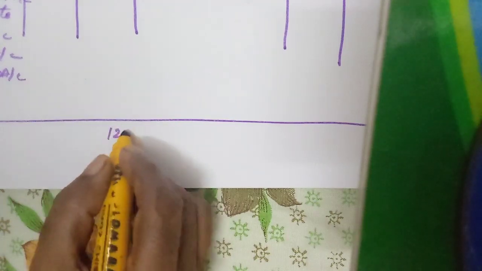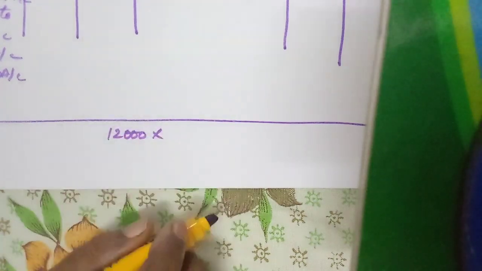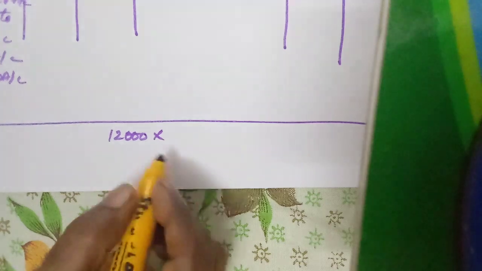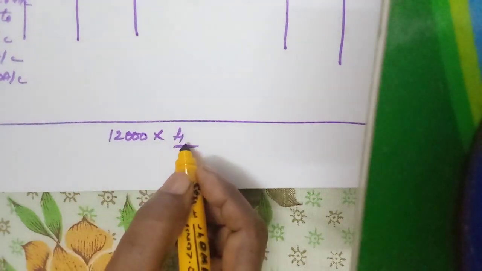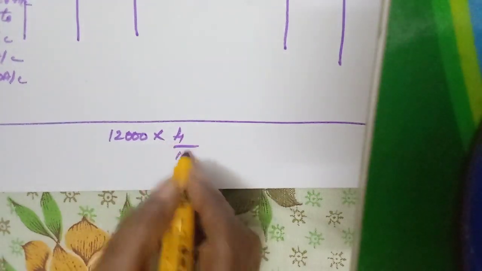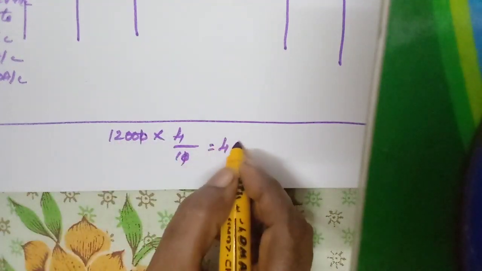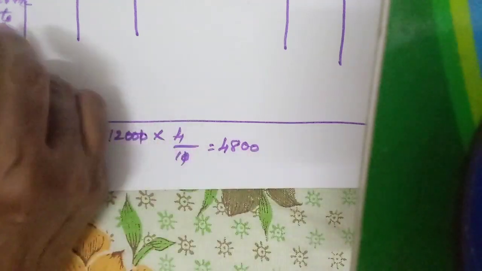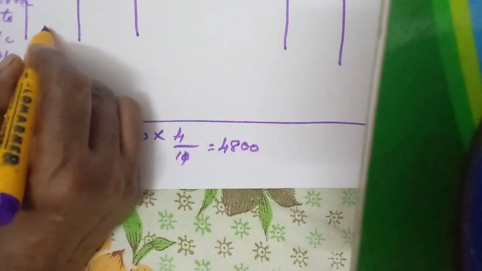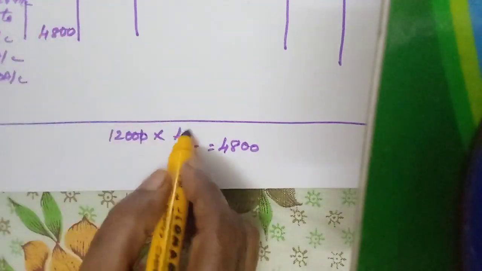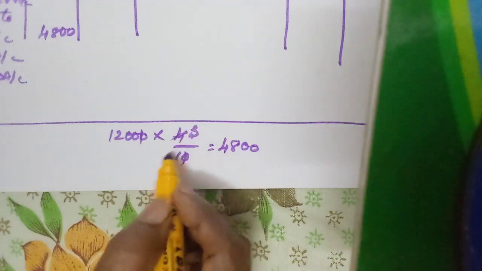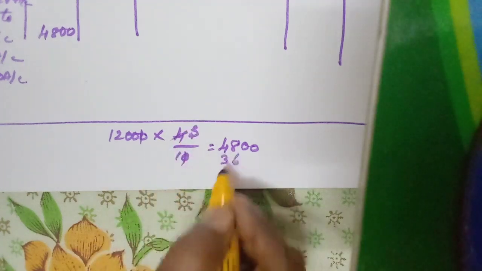12,000, isn't it? 12,000 into all the profit sharing ratio, 4 share, totally 10. So 12 into 4, 48, 4,800. Second person 3, 3 12 is 36.